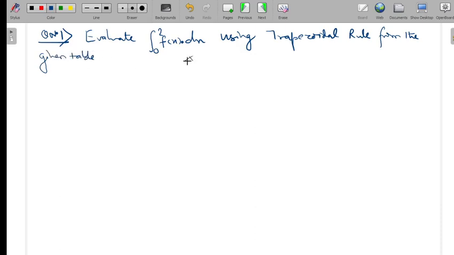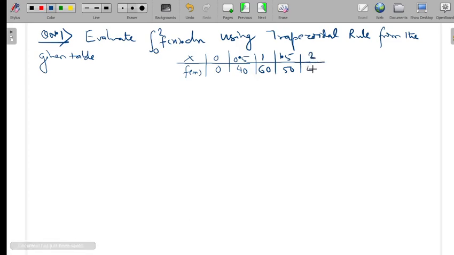The table is given: at 0 the value is 0, at 0.5 it is 40, at 1 it is 60, at 1.5 it is 50, and at 2 it is 45.